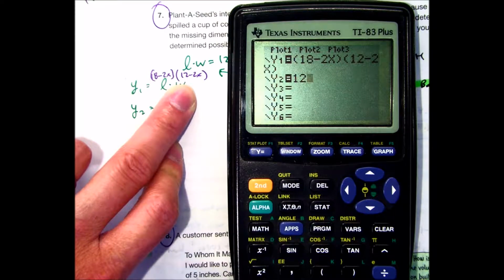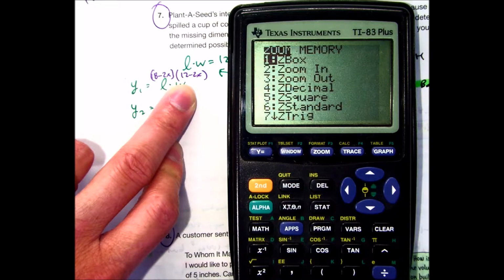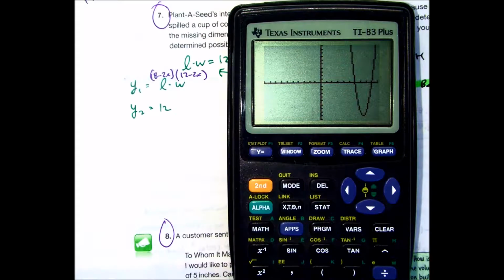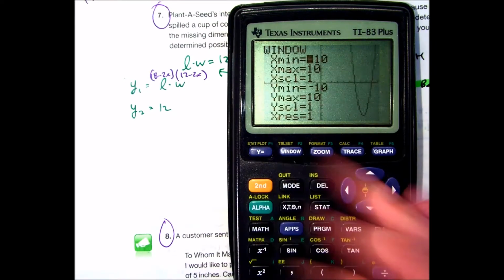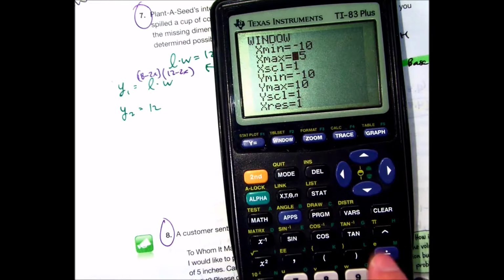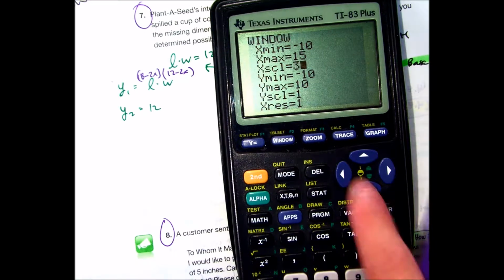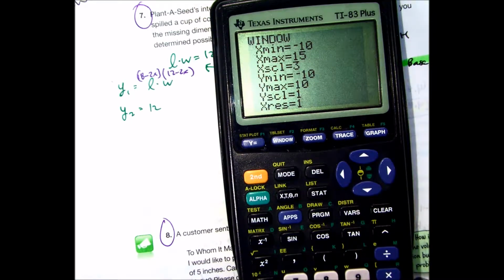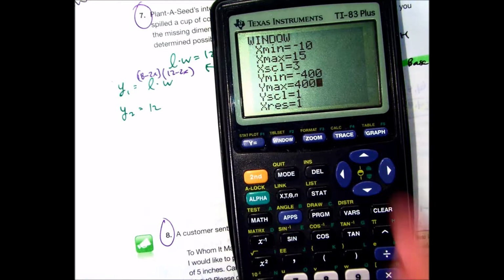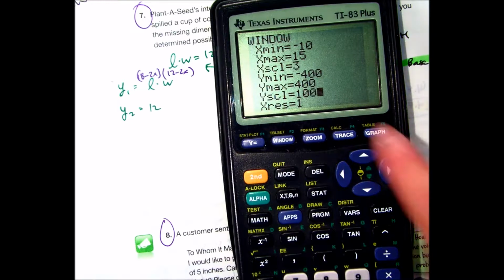And then I'm going to press zoom 6. My graph. Alright, can't see our graph. They told us before the dimensions, so I'm going to put that into the window. So I'm going to put in negative 10, 15. Y minimum negative 400, Y maximum 400. Now count by 100s.